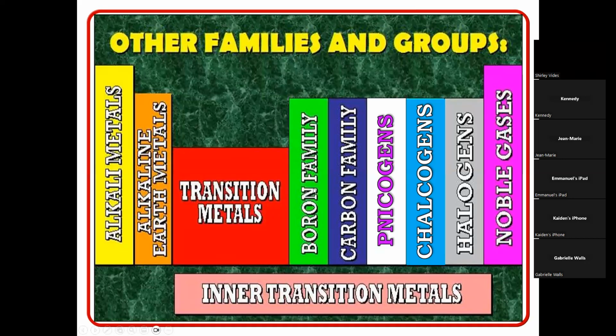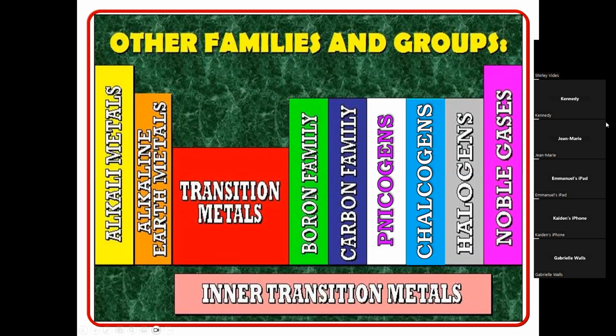Then you've got group 3A, known as the boron family, group 4A, the carbon family, 5A, known as pnictogens, which is where nitrogen is, 6A, known as chalcogens, and that's where oxygen is. And halogens is group 7A, and those are all of the elements like fluorine, chlorine, iodine, bromine.